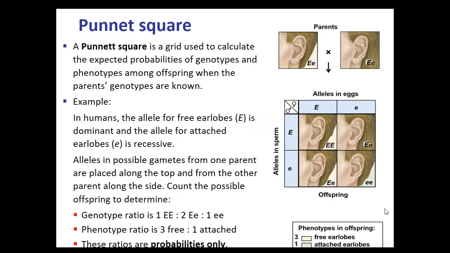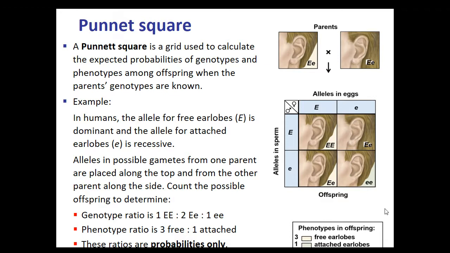So 1 big E big E, 2 big E little e, 1 little e little e. Another way of saying the same thing is 1/4, 1/2, 1/4, or 25%, 50%, 25%. Just different ways of saying the same thing.